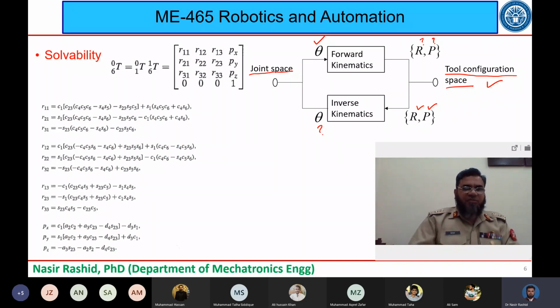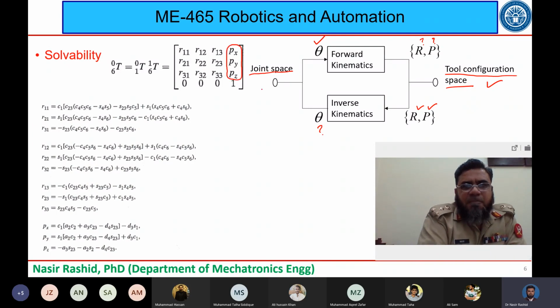So very interestingly, what you need to look at here is that this part, px, py and pz, these are independent variables.